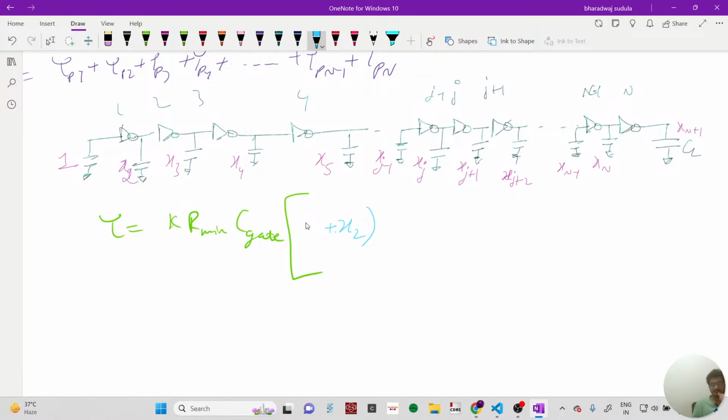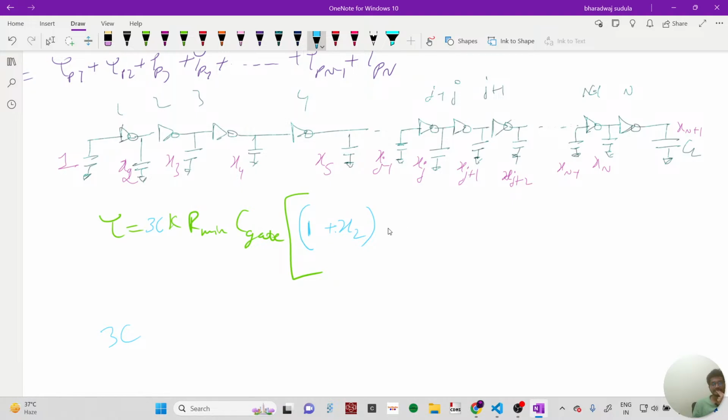Actually, we are sizing all these gates by some X factors, so the unit cap is always 3C. Every capacitor within these square braces will have 3C, so let's take that as common.